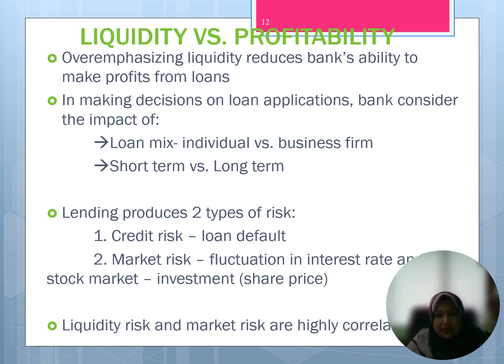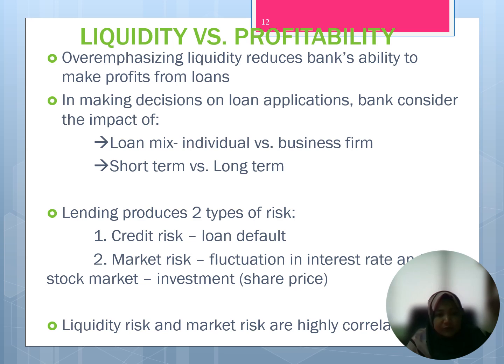In managing the liquidity and profitability of lending activities, the bank will basically build a mix of loan portfolio. They not only have loans for households, but the portfolio also includes loans for businesses.